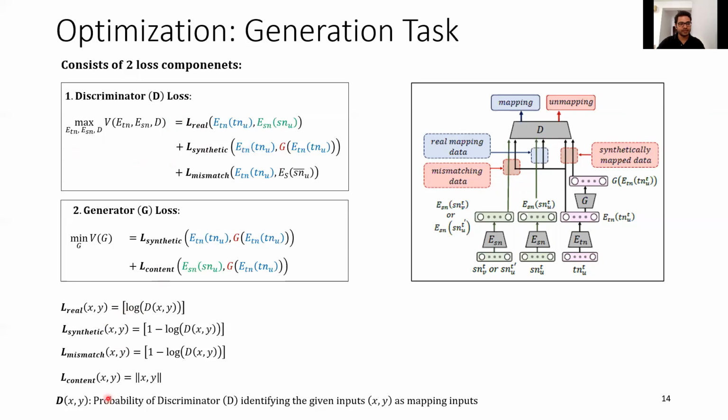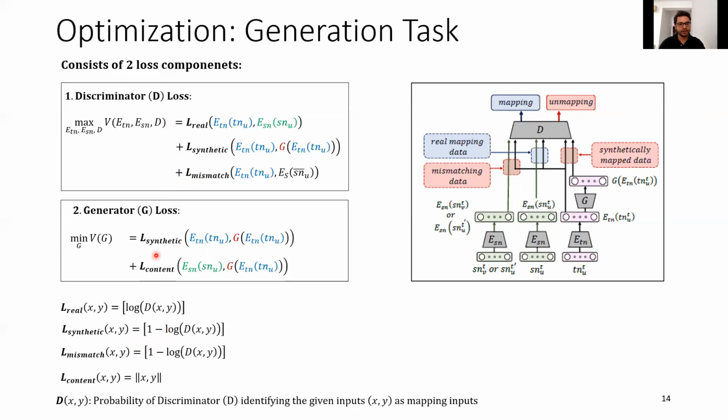Here D(x,y) is the probability of the discriminator identifying the given inputs as matching inputs. So given real inputs here, D tries to maximize the output probability. But for the other two cases, with synthetic and mismatching data, discriminator tries to minimize the output probability that it gives. So it is log(1 minus D(x,y)).